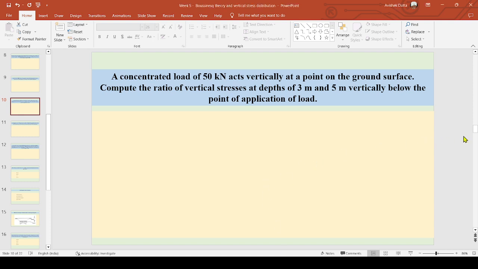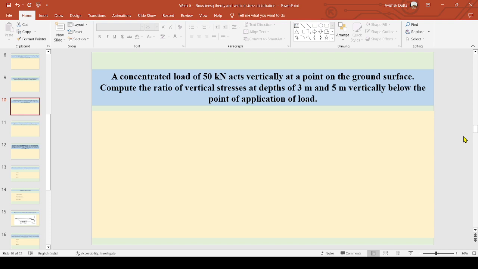A concentrated load of 50 kilonewton acts vertically at a point on the ground surface. Compute the ratio of vertical stresses at depths of 3 meter and 5 meter vertically below the point of application of load. So we might not need to calculate the exact values of the load.